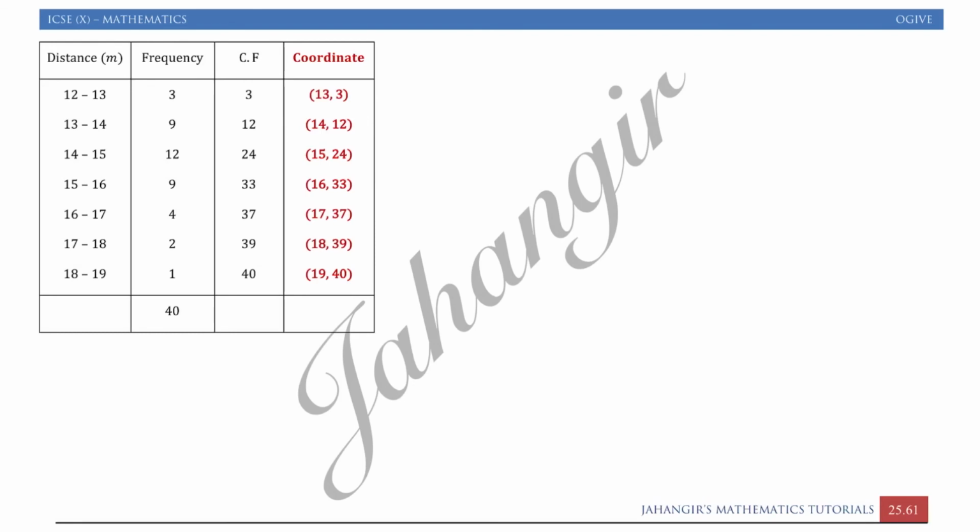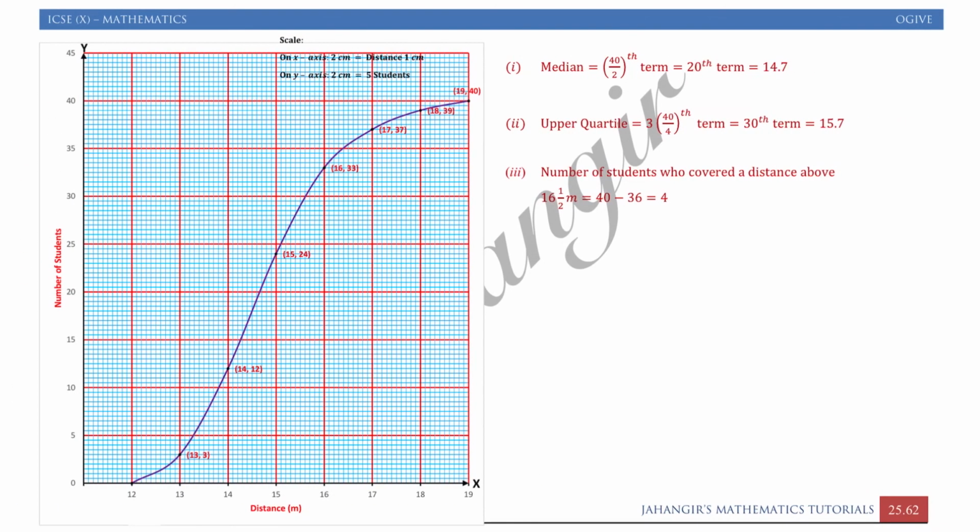As you know, you have to draw a table of cumulative frequency and a coordinate table that is given over here. In coordinates, again I am explaining, the upper limit is the x coordinate and CF is the y coordinate. Just write it down. We will plot this on the graph paper.